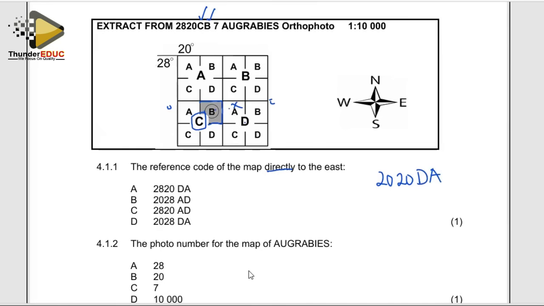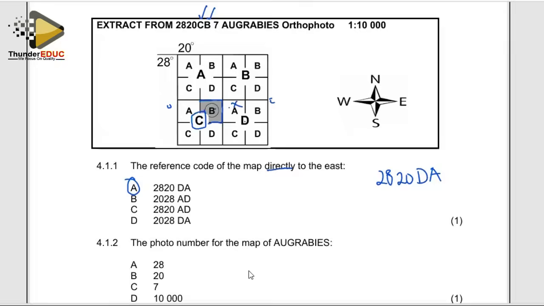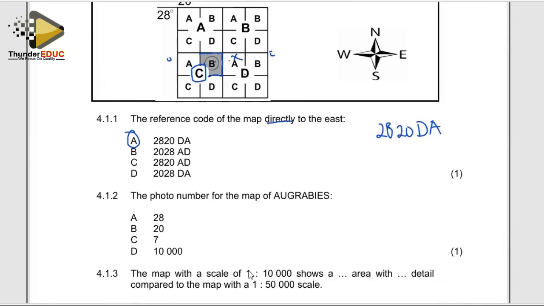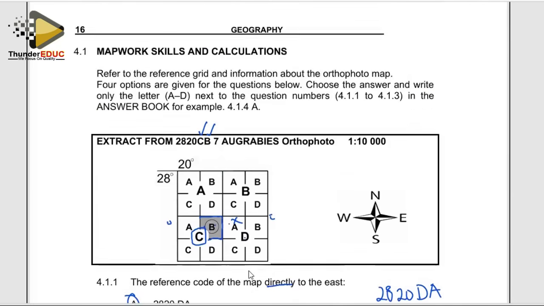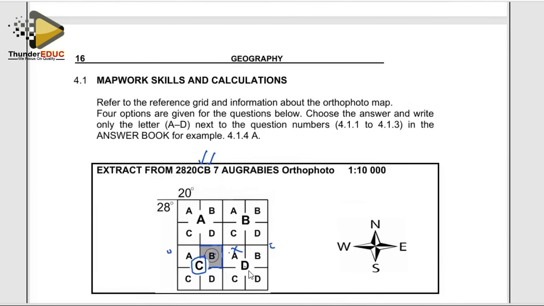So it's, in this instance, 2820 DA, which is A. Then the photo number for the map of Agrabis, the orthophoto number, you find it here. This number represents the photo number of the orthophoto.